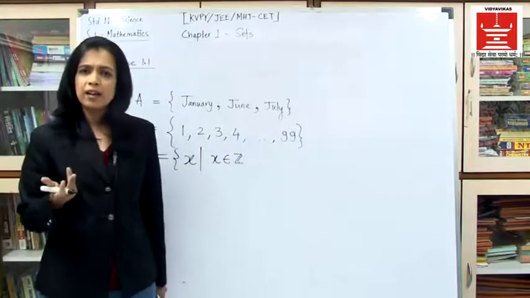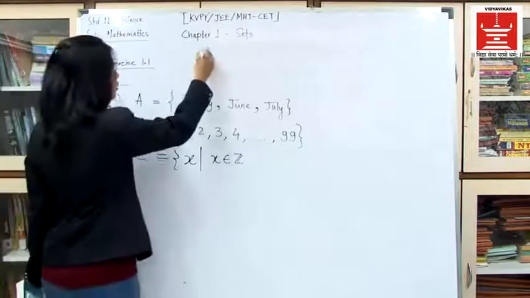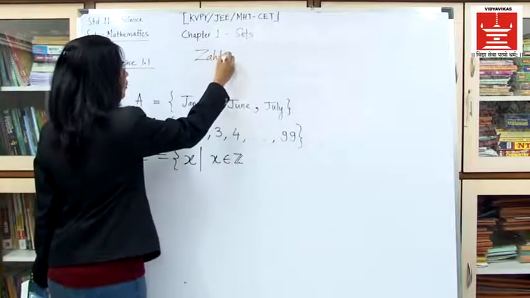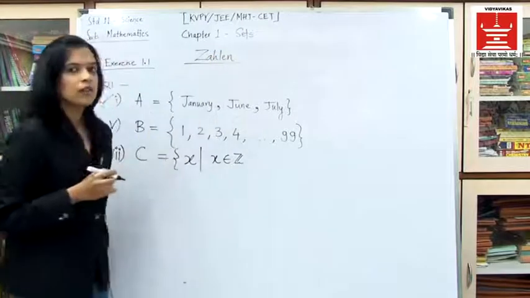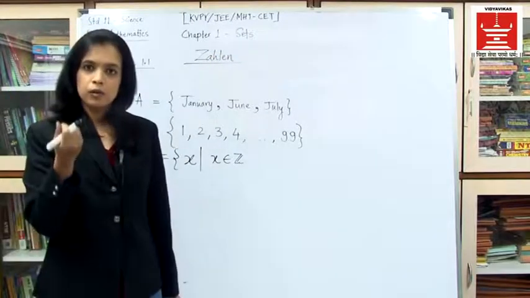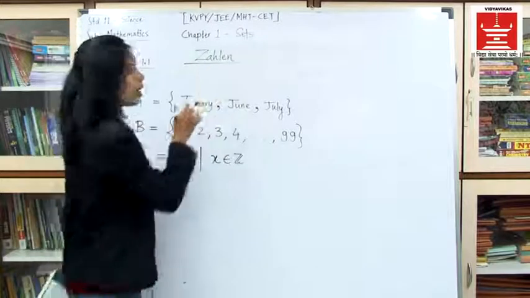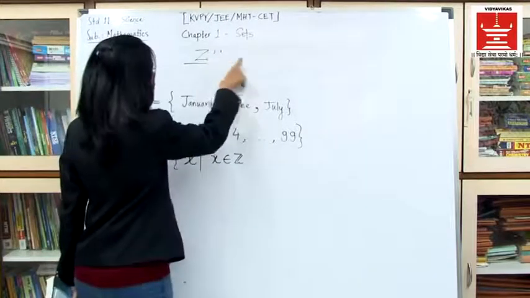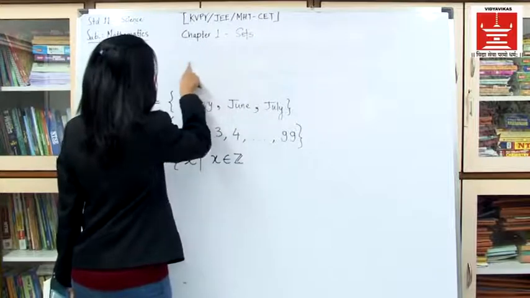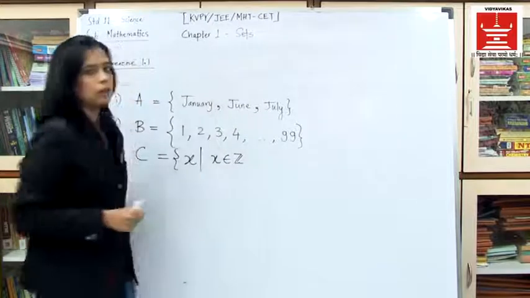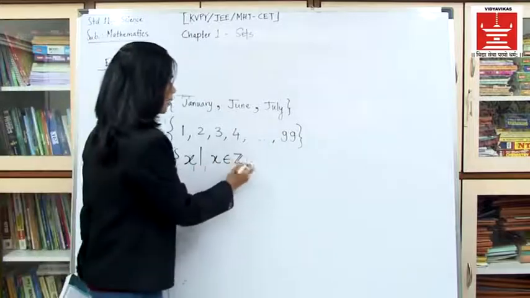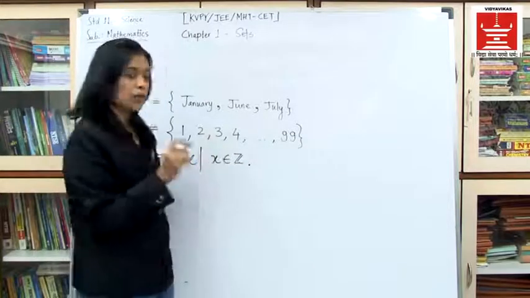Why Z? Because in German, the word Zahlen is used to denote numbers. Zahlen is to count, and hence the root word comes in this notation. So, x is an integer, also x should be even.